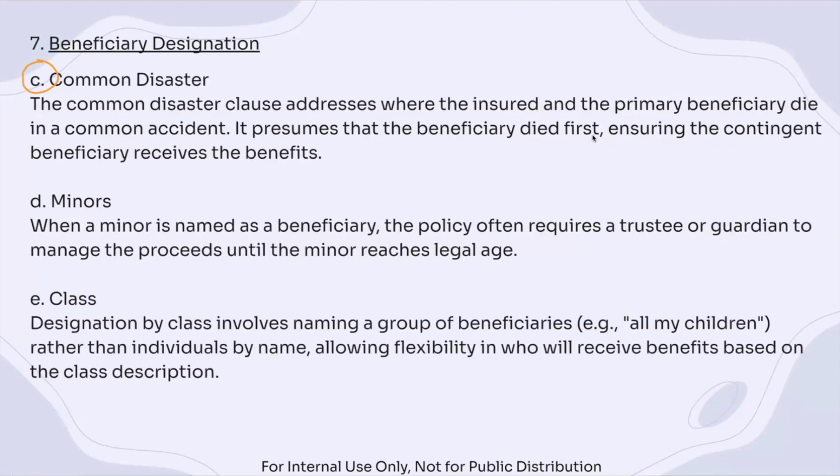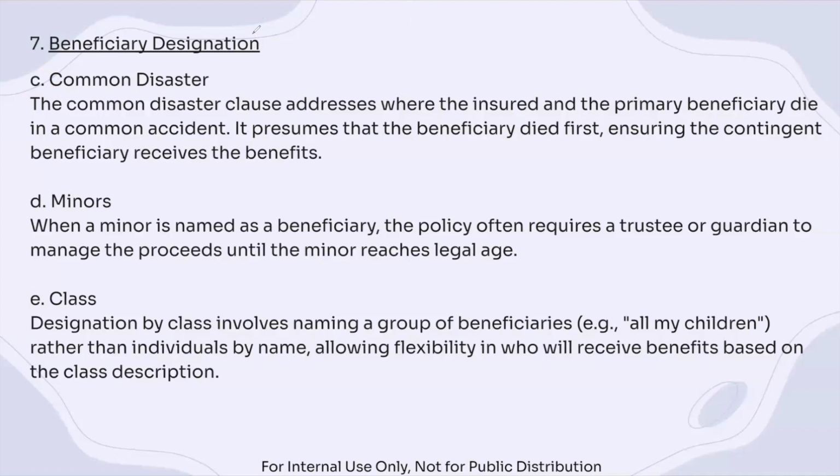But if they die in the same accident, it assumes that the primary beneficiary did predecease the insured, and so that ensures that the contingent beneficiary can receive the benefit. So for the common disaster clause, just think about the same accident, the same death at the same time, but it assumes that the primary beneficiary predeceased the insured.